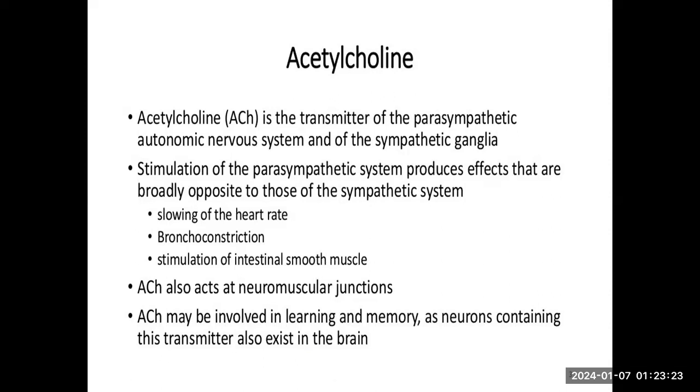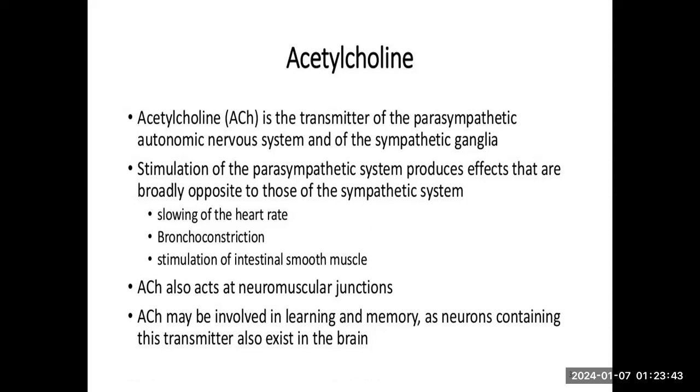Acetylcholine is the transmitter of the parasympathetic autonomic nervous system and of the sympathetic ganglia. Stimulation of the parasympathetic system produces effects that are broadly opposite to those of the sympathetic system.